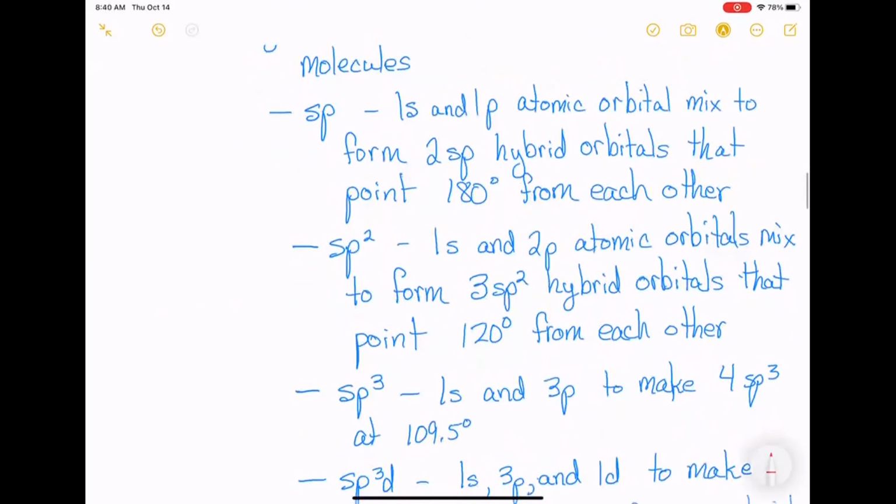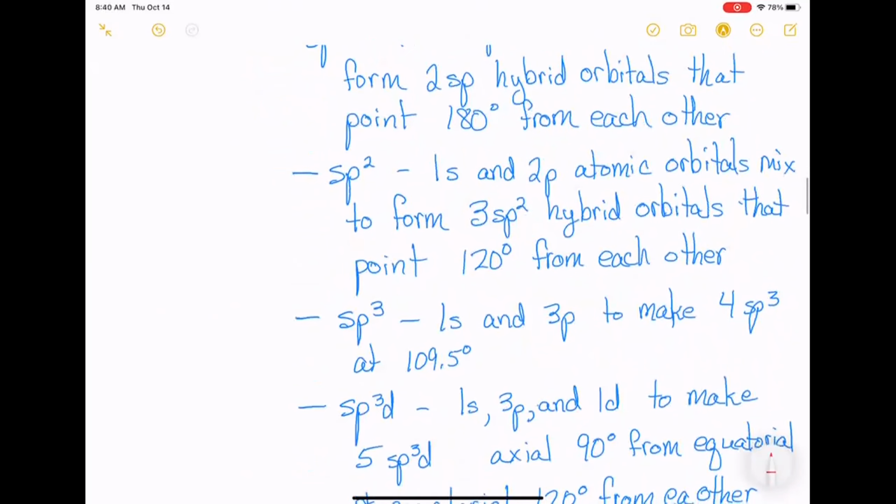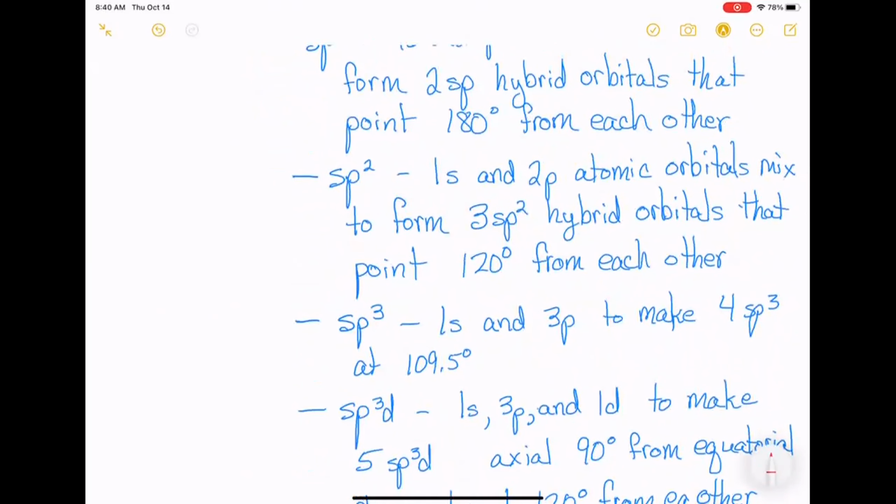We could continue this theory. sp3 means that you have 1 s atomic orbital and 3 p atomic orbitals that combine mathematically, and they wind up forming 4 sp3 hybrid orbitals. The 4 sp3 hybrid orbitals point to the corners of a tetrahedron. Again, note that if you add up the number of s's and the number of p's, you get the number of hybrid orbitals.